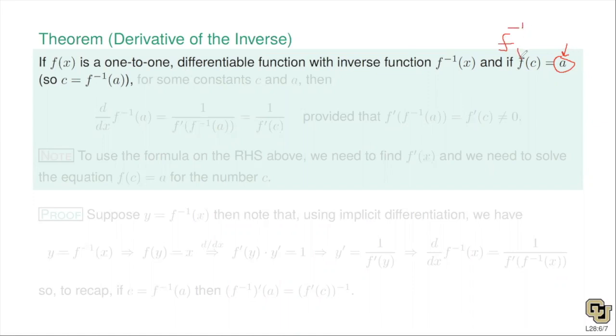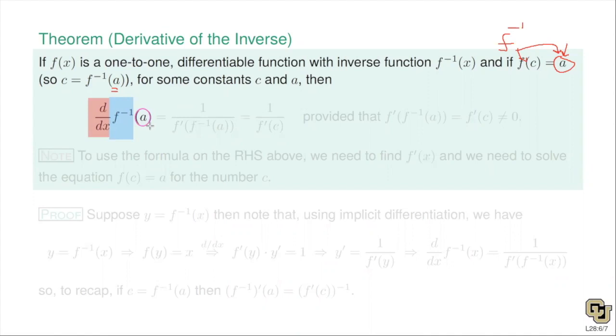Take f inverse of f and take f inverse of A. Okay, so A is in the domain of the inverse. What I would like is a formula to find, very carefully now, the derivative of the inverse function at this point A.